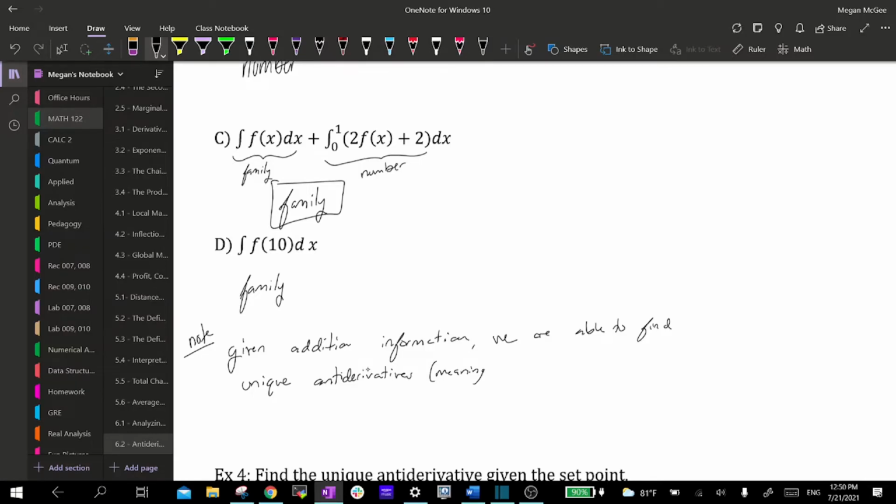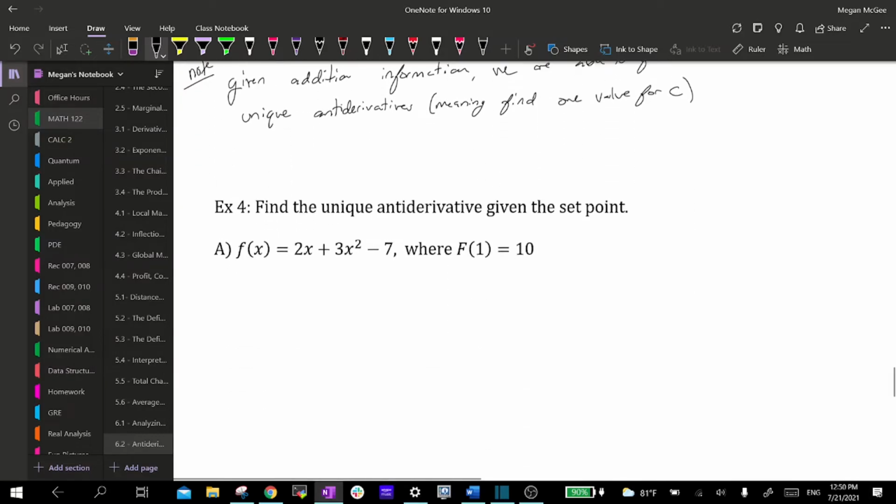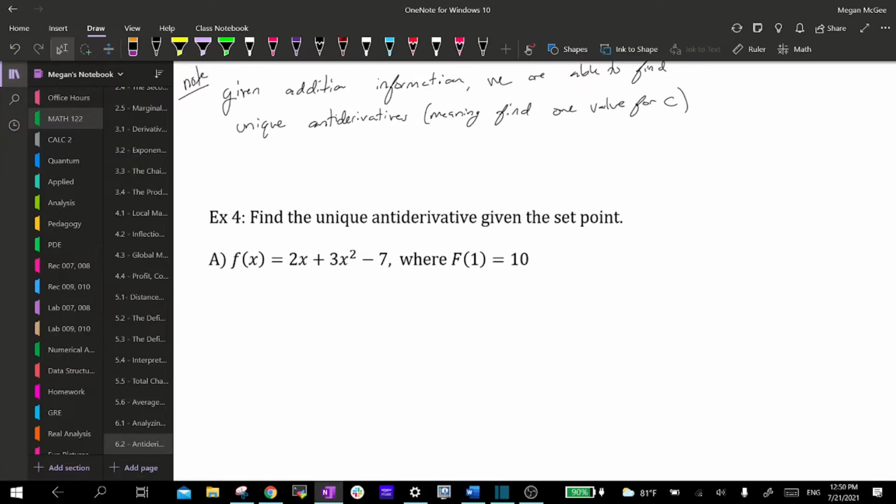Meaning, find one value for the constant c. Okay? So example 4 is going to walk us through this. So we want to find the unique antiderivative given the set point. So that's our additional information that we needed, is our f of 1 is equal to 10.